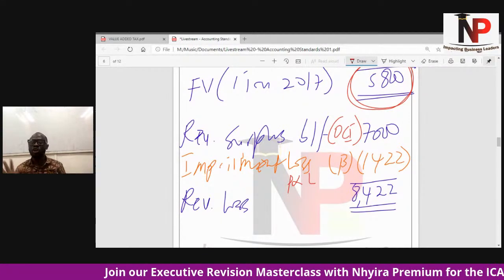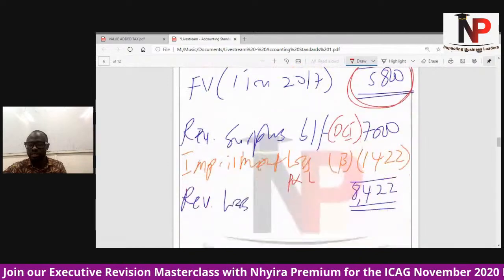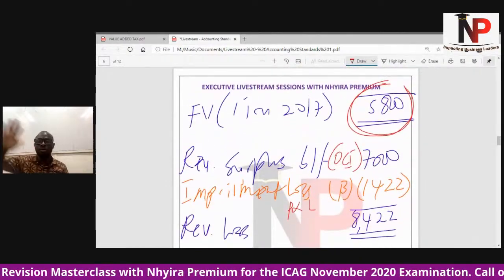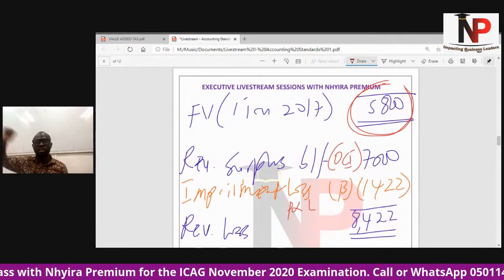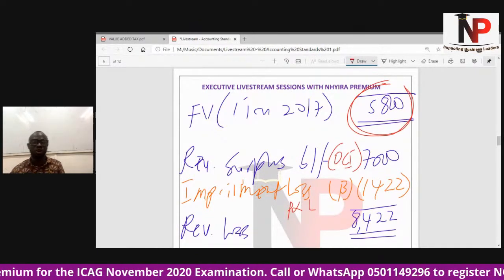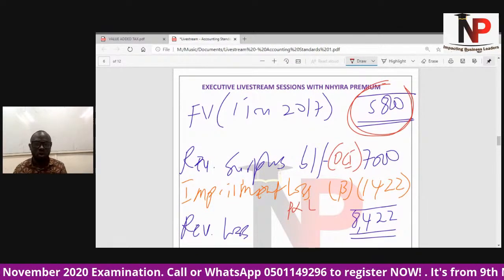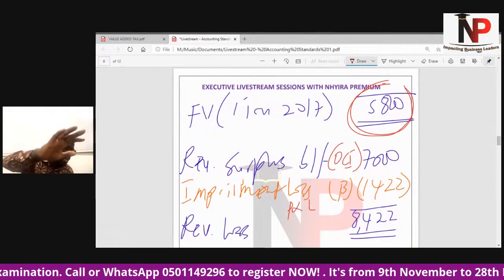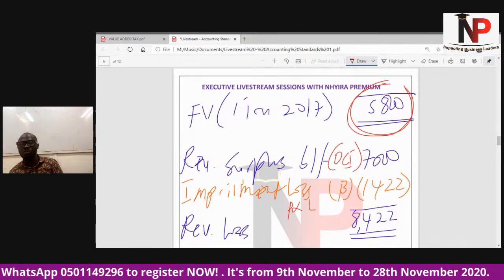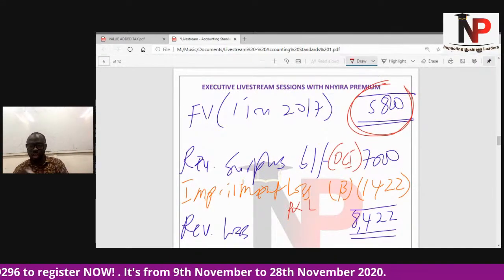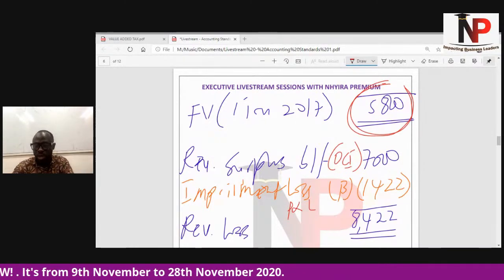So you don't just take the whole 8,422 into the P&L account and say, hey, that is an impairment on asset or that is revaluation loss. No, because the asset previously had a gain, we're going to be writing it off against that. So this is what you need to understand about this question.